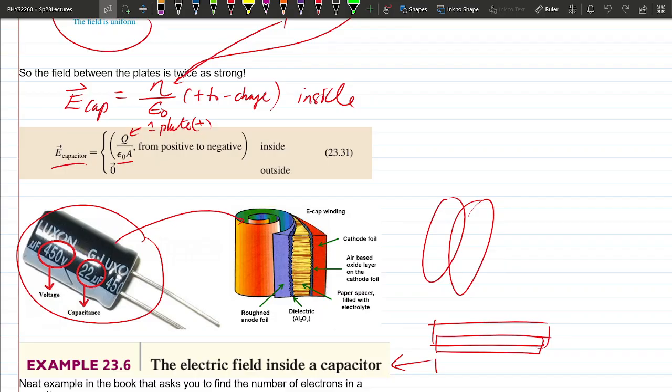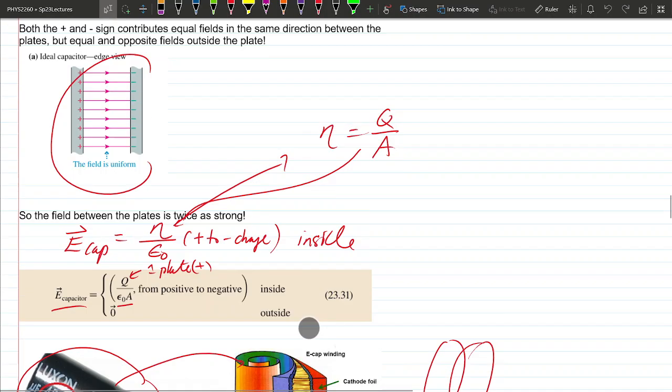Okay, so far we've been doing all these calculations with electric fields, like how do you calculate the electric field for a point source? How do you calculate electric field if you have a stick? How do you calculate electric field if you have a plane? And if you put two charged planes next to each other, you actually create this thing called a capacitor, right?